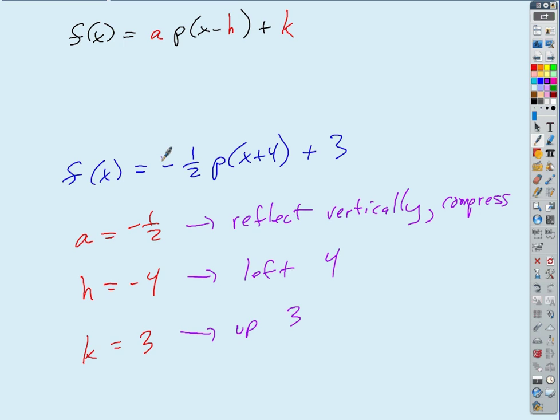Everybody agree? Okay, so first we would slide this thing left 4, then I have to multiply, right? So the next thing would be we apply the reflection and the vertical compression, and then the very last thing we do is slide it up by 3, okay?